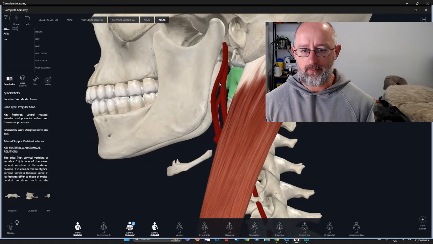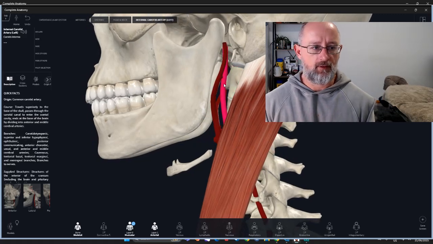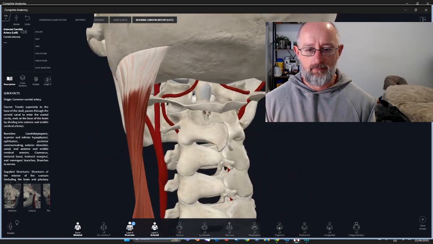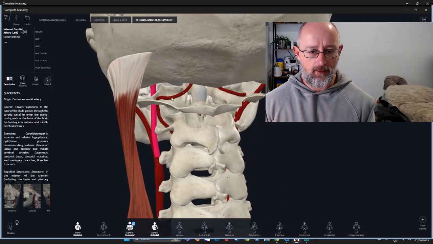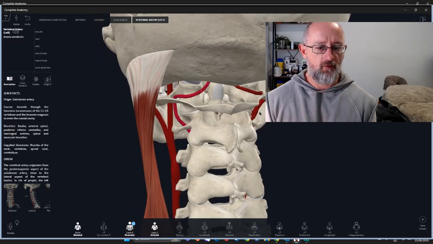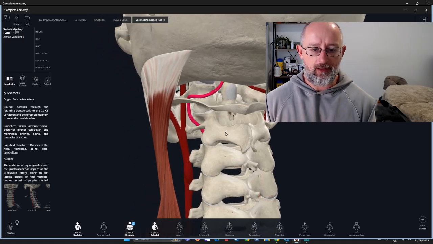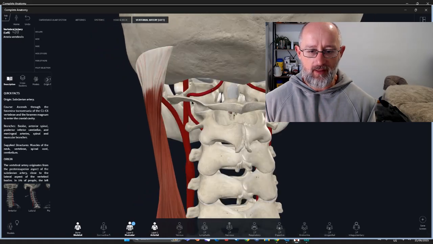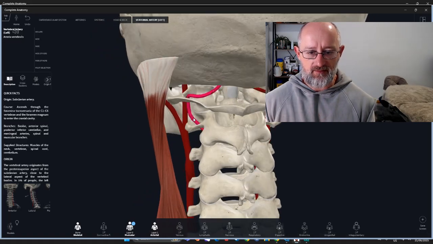So this one here, carotid artery. But we also have this little one here, the vertebral artery, which goes between the foramens of C1, C2.